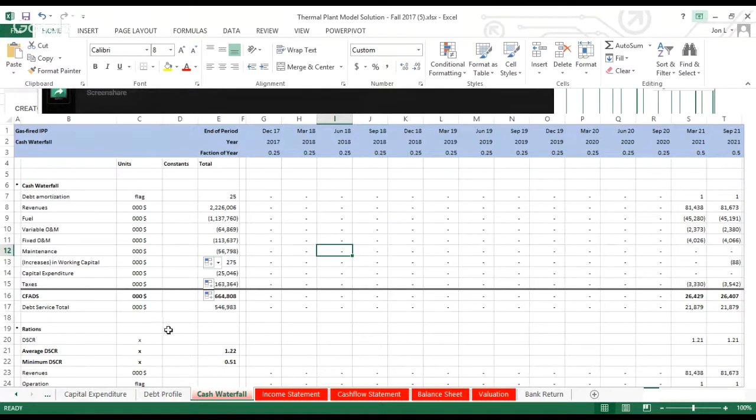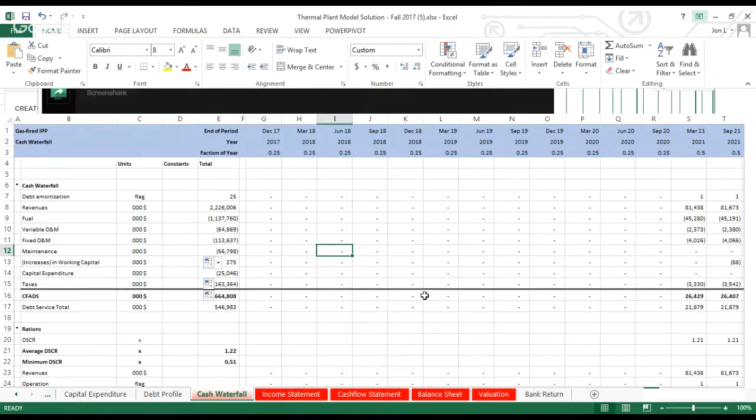And then down here is your minimum debt to break even. That's your revenues. It's basically the change, how much revenue can drop to get your CFADS to 1, so to get your DSCR to 1. Right now, revenues are 81 million.